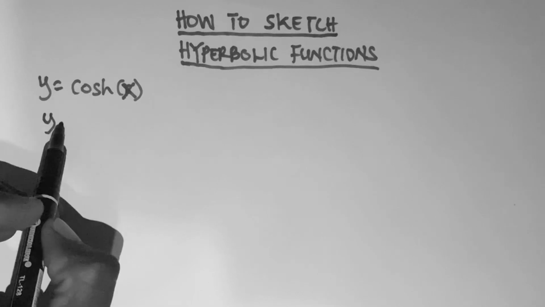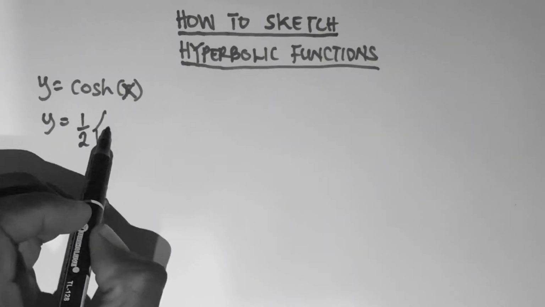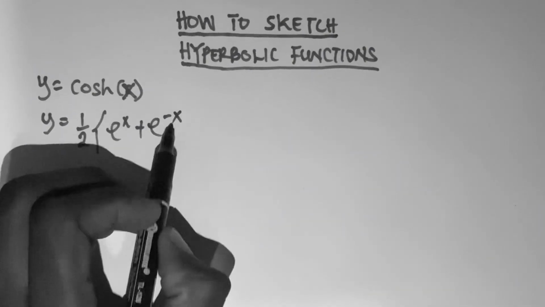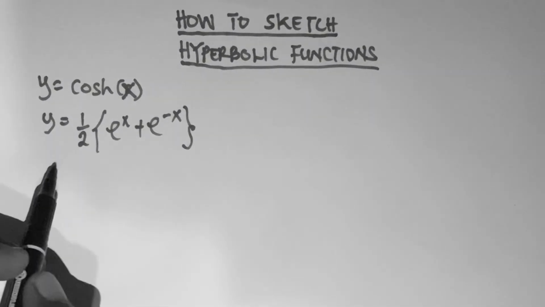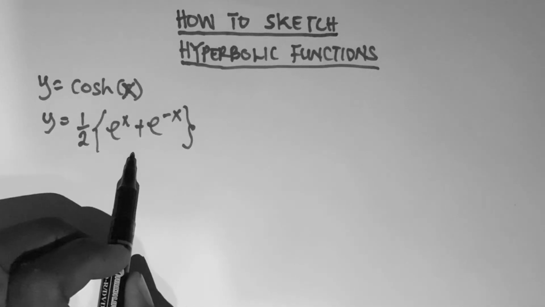So we know that y is equal to cosh x can also be written as half of e^x plus e^(-x). So now, what we need to do is to find the y-intercept. But we know that for the y-intercept, x is equal to 0.